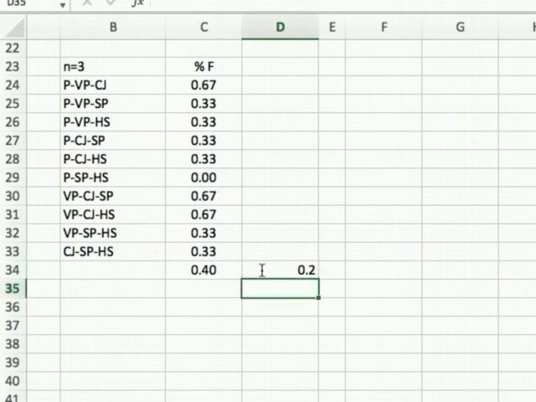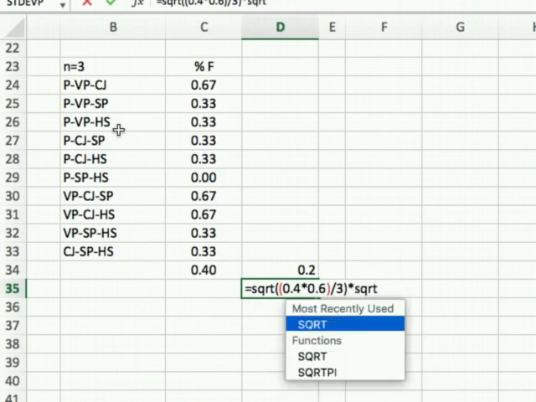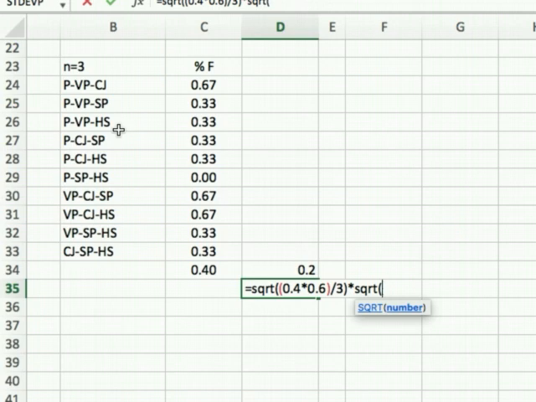And again, another way to compute for this is through the formula that was shown earlier. That's again the square root of pi times 1 minus pi, or 0.4 times 0.6, over n. And here n is now 3. So we divide that now by 3. And then we multiply this further to the finite population correction factor, which again will be slightly different.